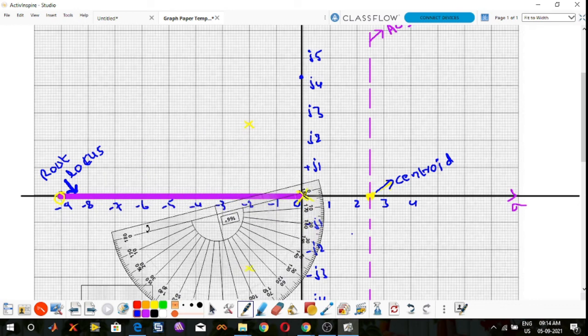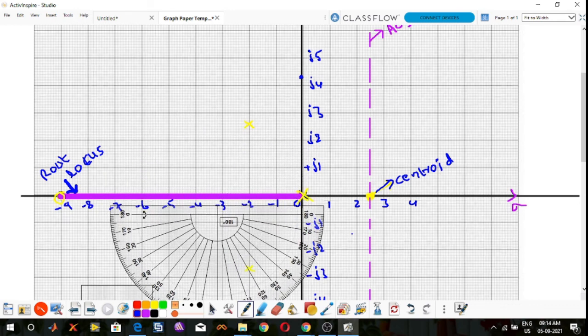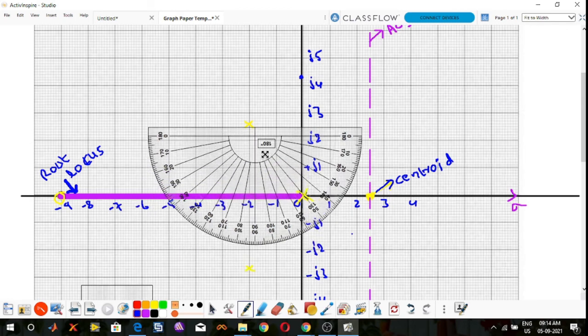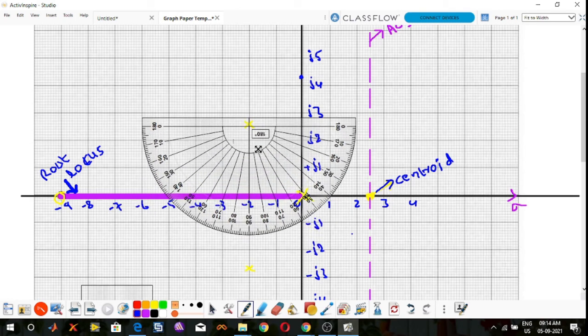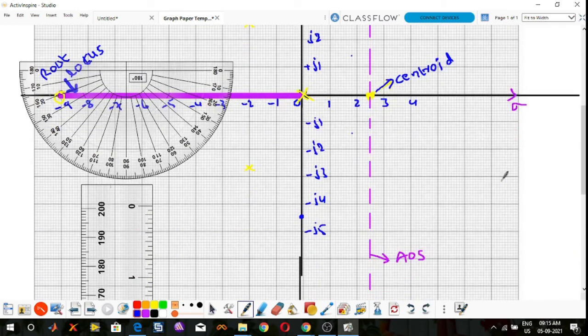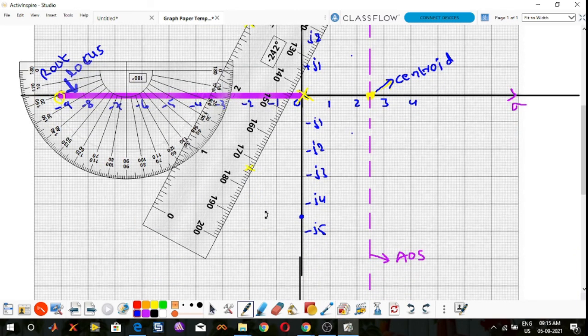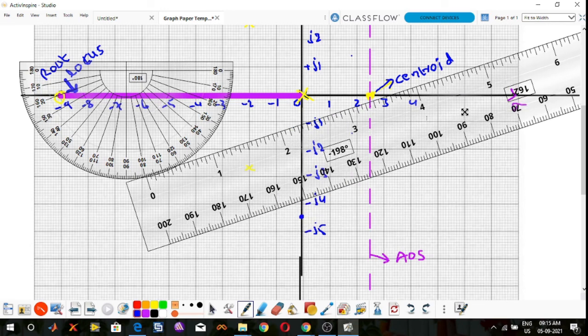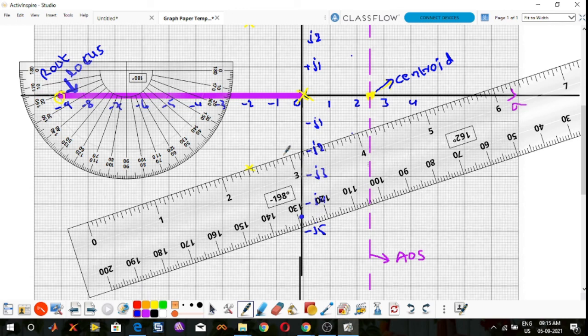Using a protractor, measure plus 16.4 degrees at complex pole A conjugate. Then reverse the protractor, and at complex pole A, using the protractor, measure minus 16.4 degrees, and using a scale draw the lines.